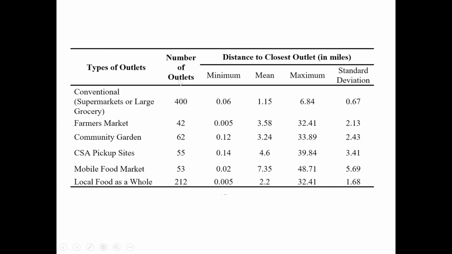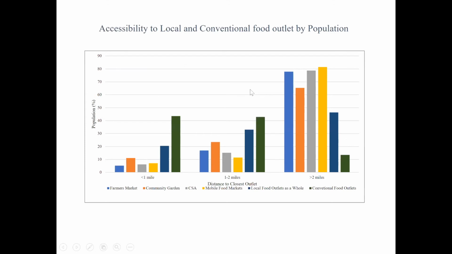We have about half the number of local food outlets compared to conventional food stores, so the distance is also about twice. That's probably because they are distributed in a spatial context in a similar way.